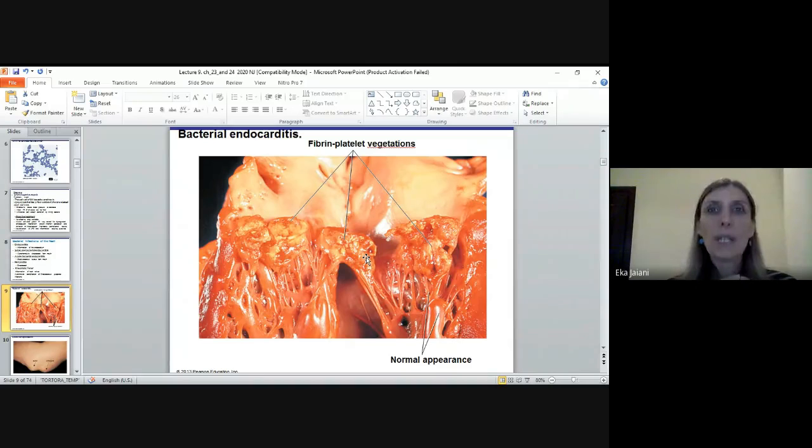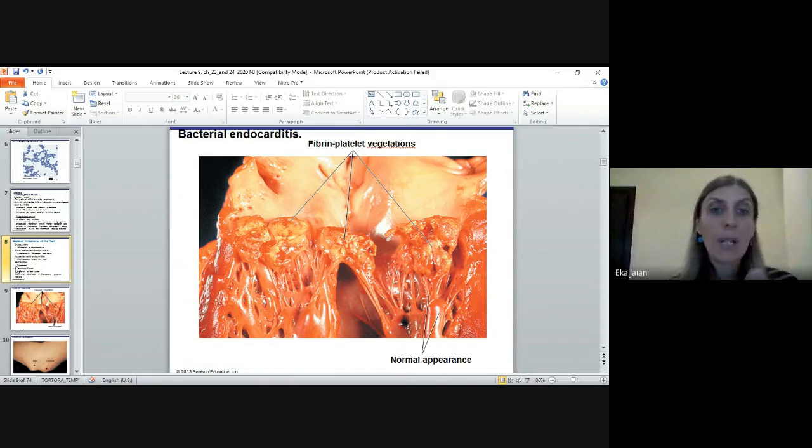Bacteria start to attach if people have these abnormal valves, and they start to colonize and then induce this inflammation of the endocardium that leads to endocarditis and can be deadly.